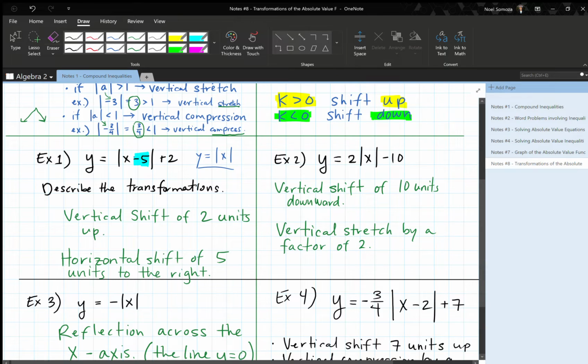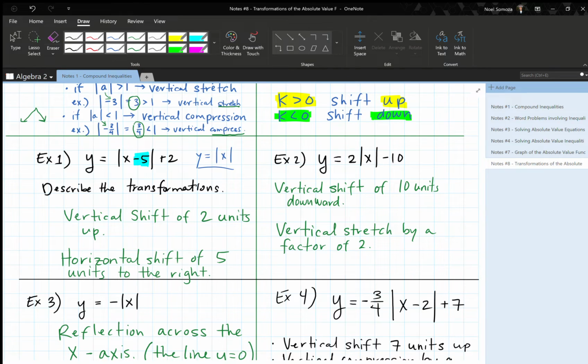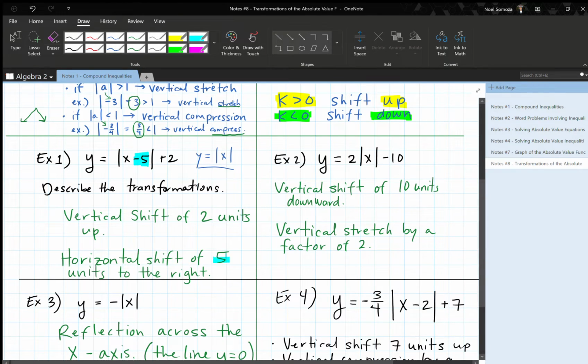So because I have minus 5 on the inside, remember that we're going in the opposite of the negative. If negative numbers are left, we're going opposite, so we're going to the right. So then that tells us we're going to have a horizontal shift of 5 units to the right. You want to write it exactly the way that I wrote it here. A horizontal shift of 5 units to the right.